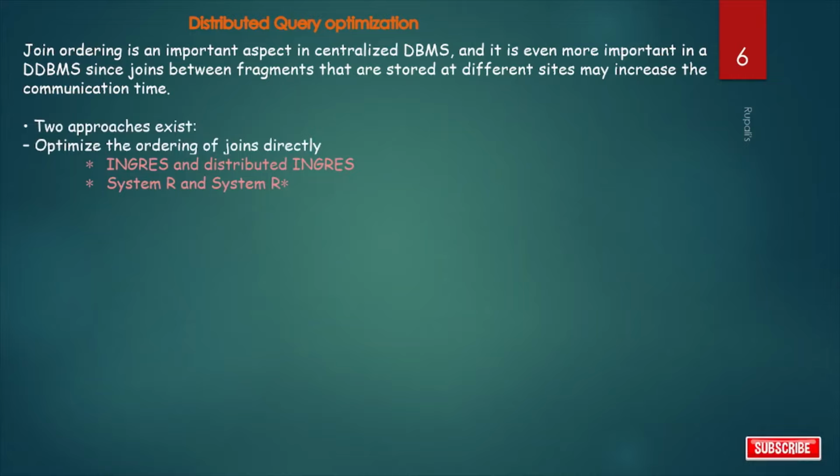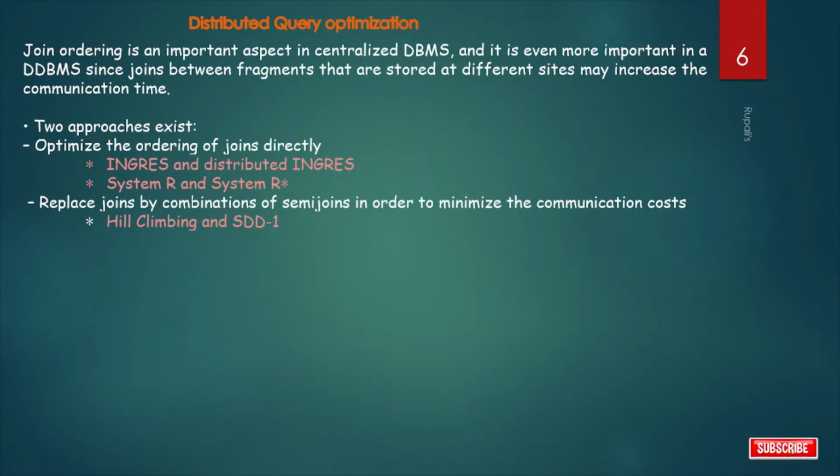One is to optimize the ordering of joins directly, as for example, the INGRES algorithm, distributed INGRES algorithm, System R algorithm, and System R star algorithm. Another approach is to replace joins by a combination of semi-joins in order to minimize the communication cost, like the hill climbing algorithm and SDD-1 algorithm. We will learn each and every algorithm in detail later in different videos.